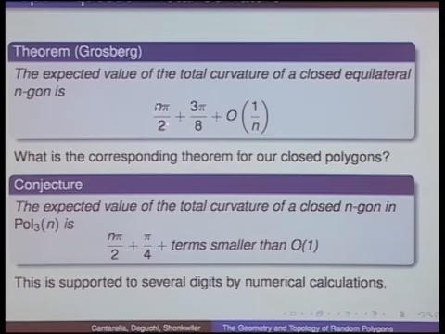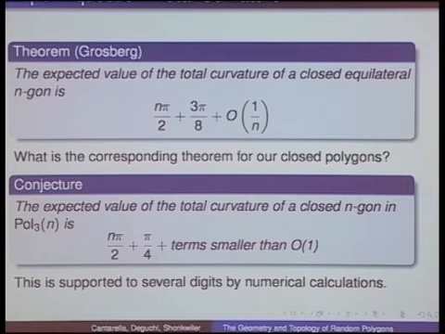So here's a really interesting question about this. Ken and Eric noticed when they were taking random equilateral polygons that if they computed total curvature, they got an expectation of the number of joints times pi over 2. Well, that's believable.